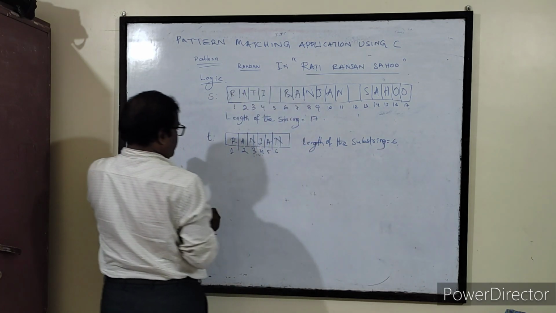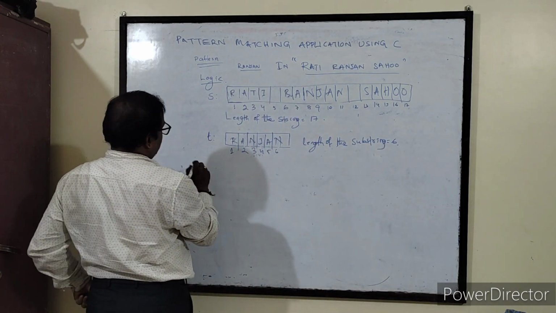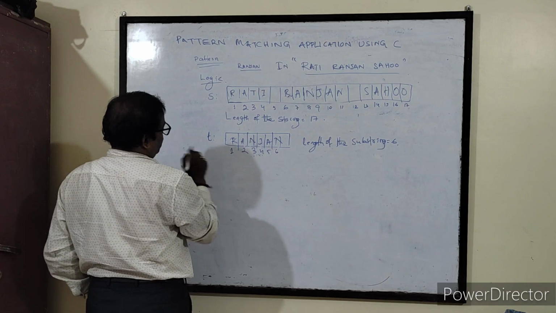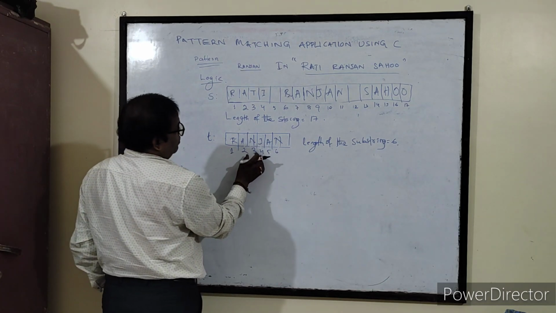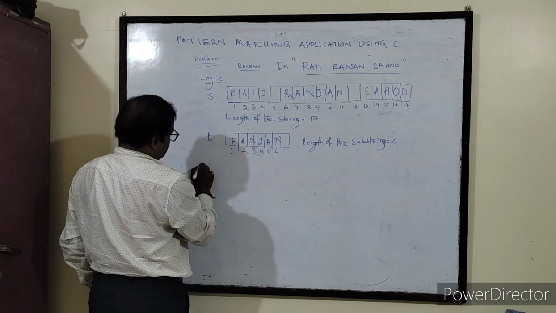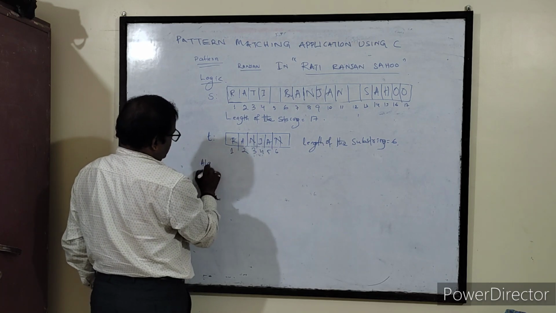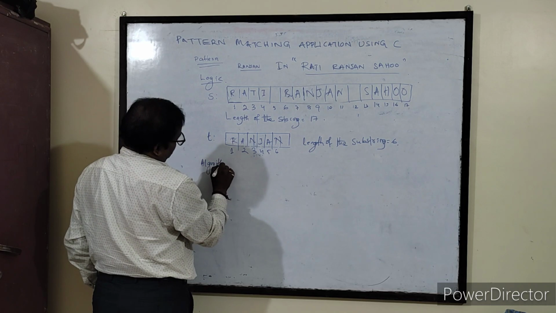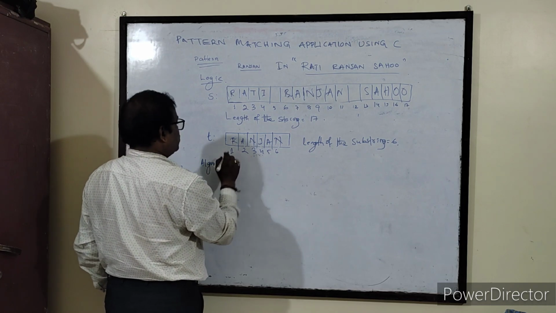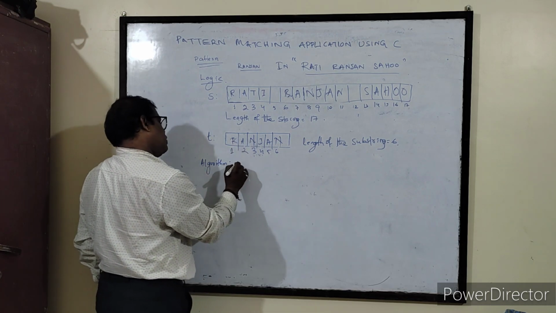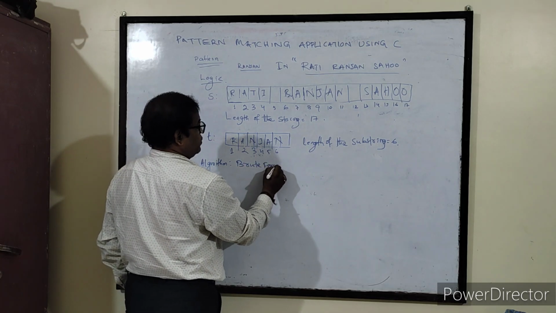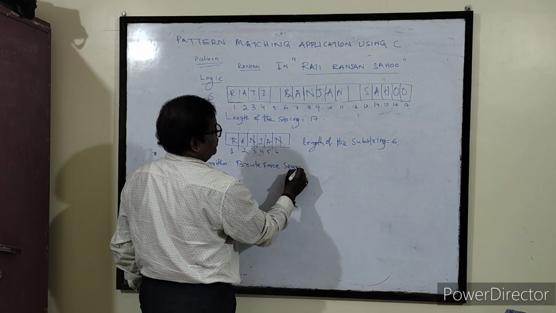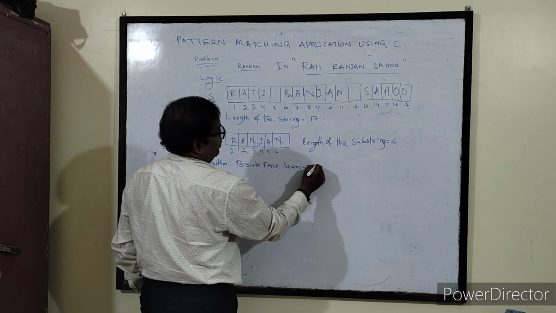Now, if I have to apply the logic here, what is this idea? One approach is called a brute force search algorithm. We can use the brute force searching algorithm.